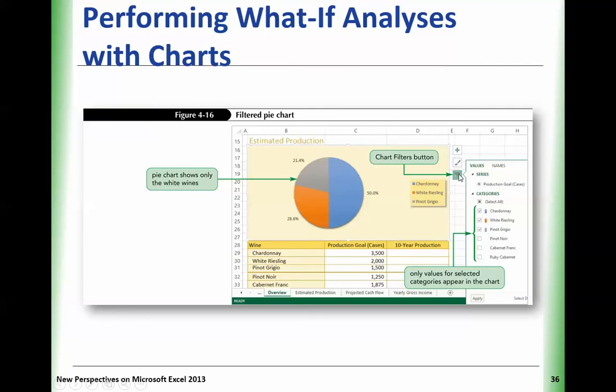You can see the filter looks just like a filter you would use in a kitchen or a car. We're going to filter this down to just a few select items. Instead of all the wines, we're going to use Chardonnay, Riesling, and Pinot Grigio. Now the chart will automatically modify just for the ones I've selected instead of all of them, allowing me to see a visual representation without having changed any data or modified anything too severely.